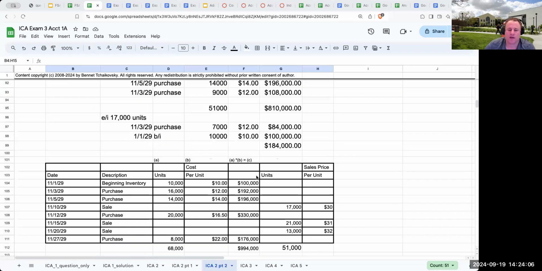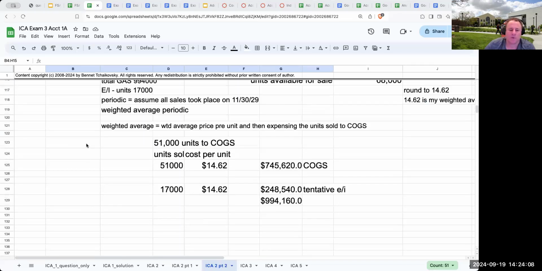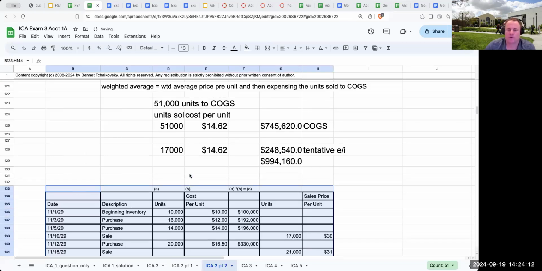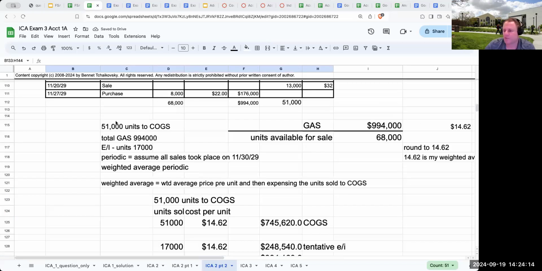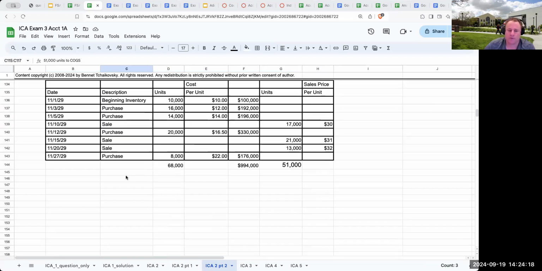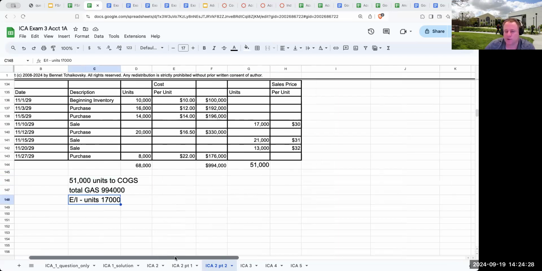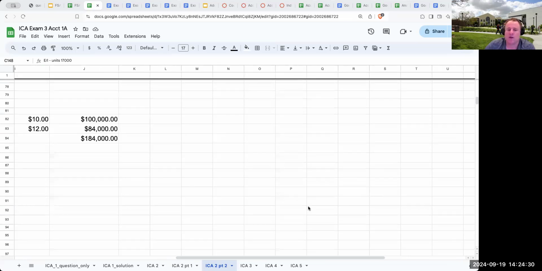Under FIFO perpetual, I still have to take a total of 51,000 units to cost of goods sold. My goods available for sale is still 994, and my ending inventory in terms of units is still 17.